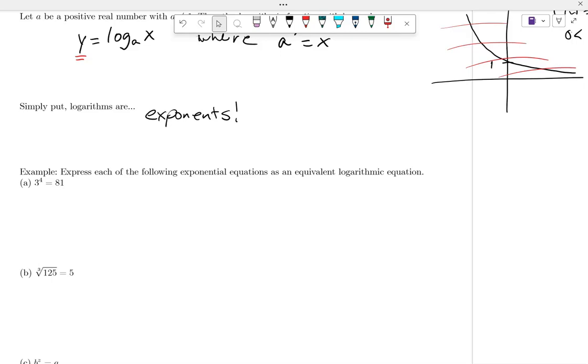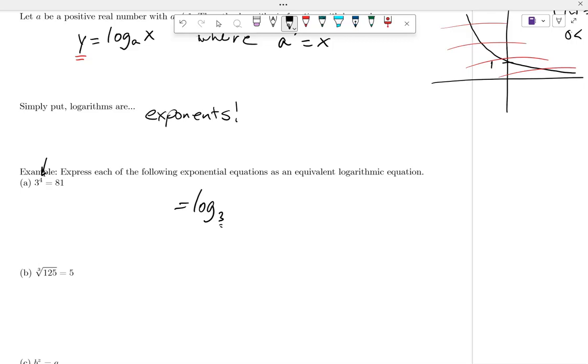So when I write the logarithmic equation, the base goes here. This is the base of the exponential. That's the base of your logarithm. I'm just going to write it in the same form that I have up above, but you can flip-flop it. We said the 4 was in the exponent. Is that the input for the exponential? Thinking back to the exponential function, is the 4 an input or an output? Input, right? Because it's in the exponent. The exponents are the inputs.